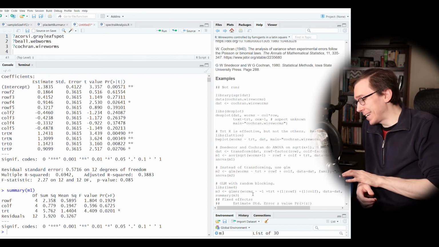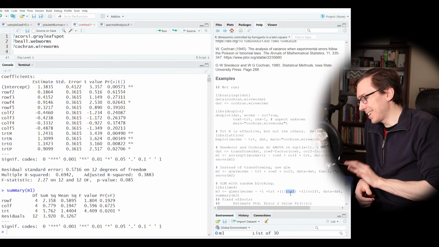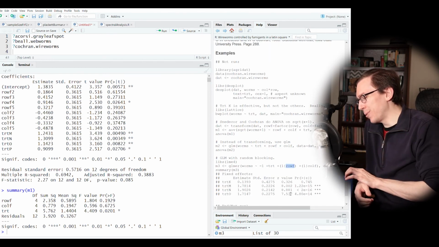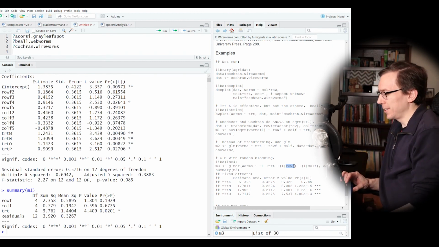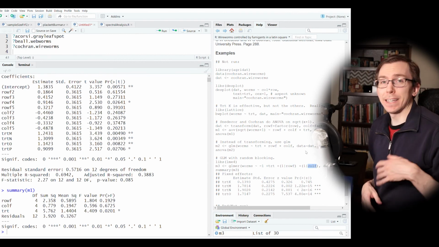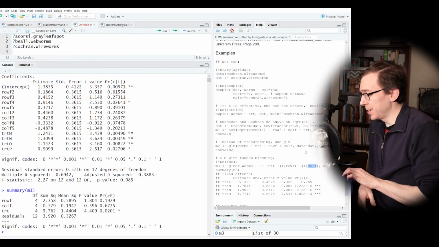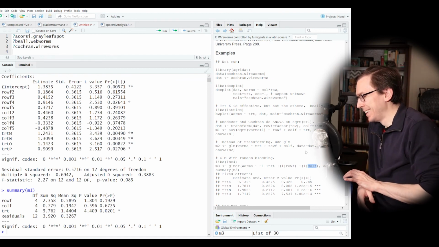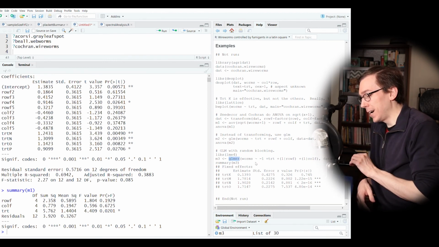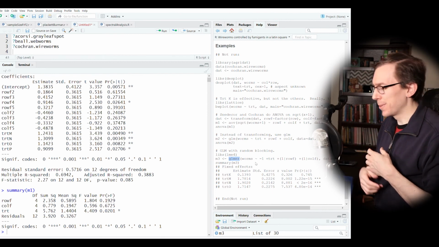We're not going to cover that because the syntax is kind of annoying in my opinion, and it's just different than what we would have seen before. In this case, what they're doing is including the row and the column factors as random effects, which is something we talked about before that we'd be interested in doing. It's just that you have to use a more sophisticated R function to do that for a generalized linear model. And I don't really want to do that now.